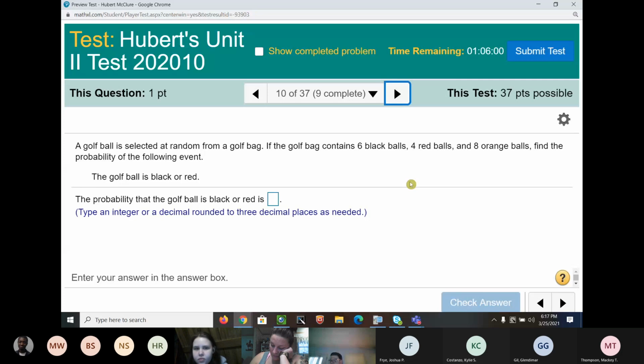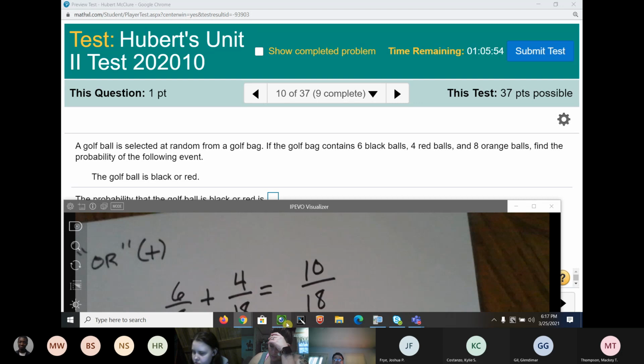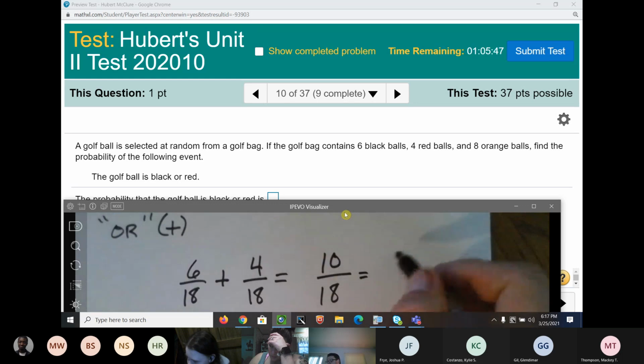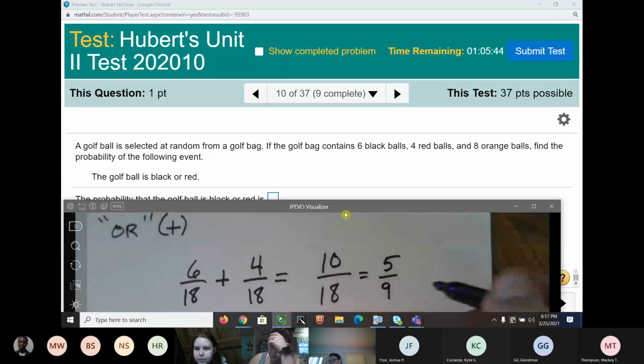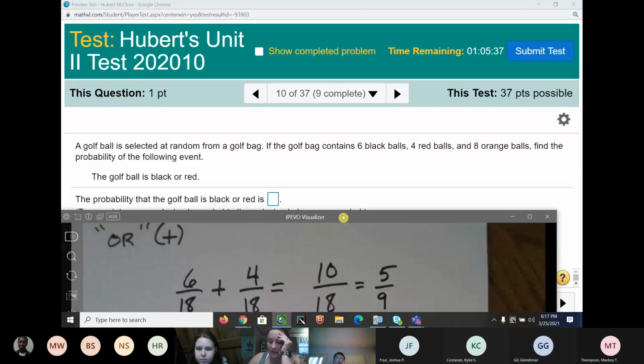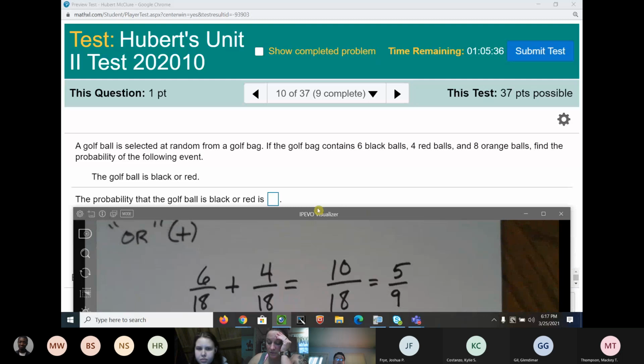And that's going to be 10 over 18, which, if we use a handy dandy calculator, is reduced down to 5 over 9. We need to round to 3 decimal points. 0.556.